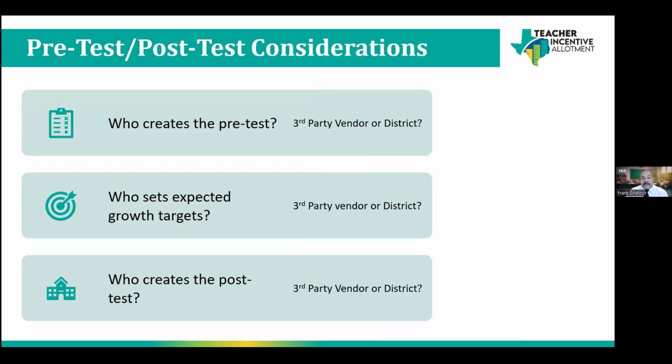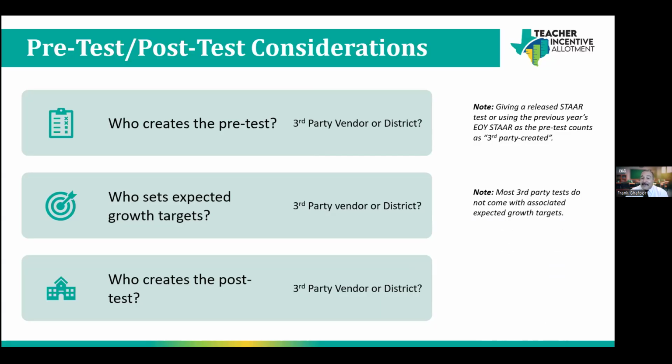For our pretest post-test considerations, I would note that giving the released STAAR test or using the previous year's EOY STAAR as a pretest counts as a third party test. As long as it is the full released test, or you want to use your STAR progress measure or something like that to measure growth from fourth to fifth grade math, that is a possibility. That counts as the pretest.